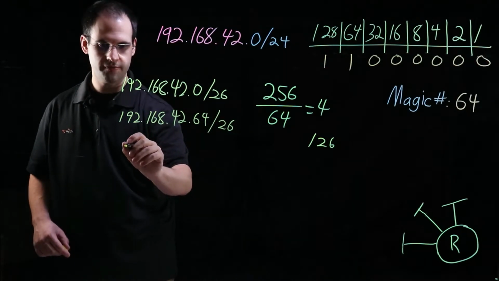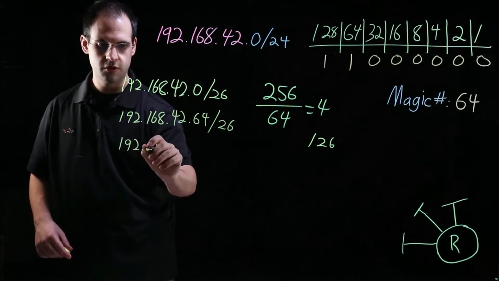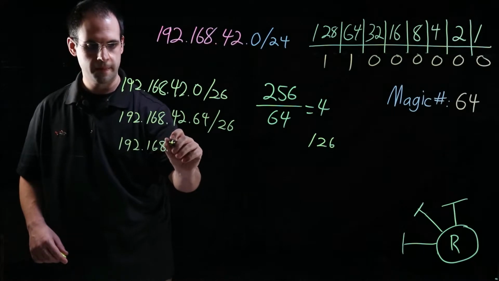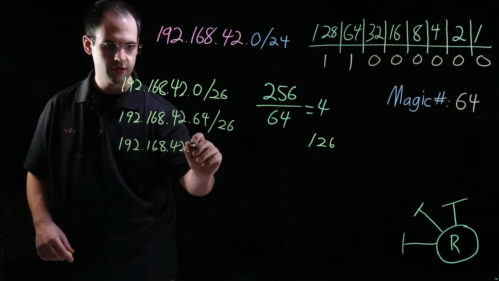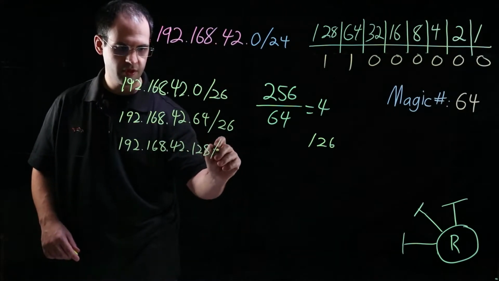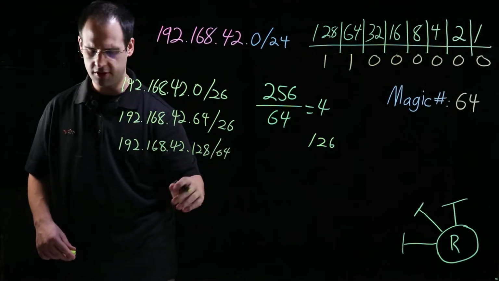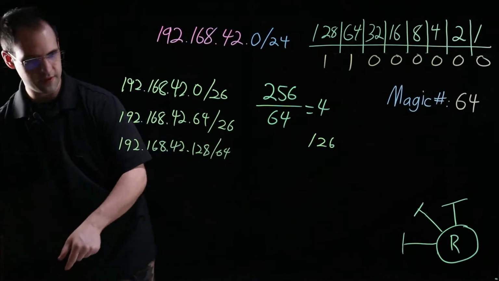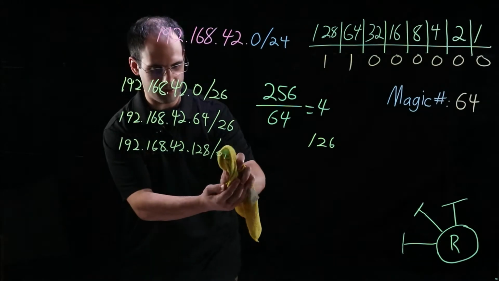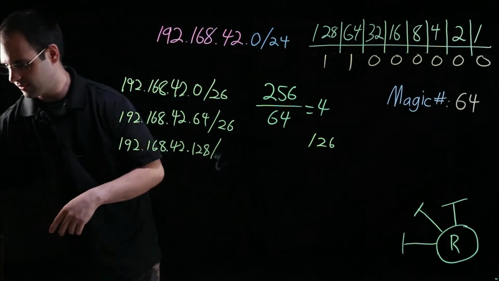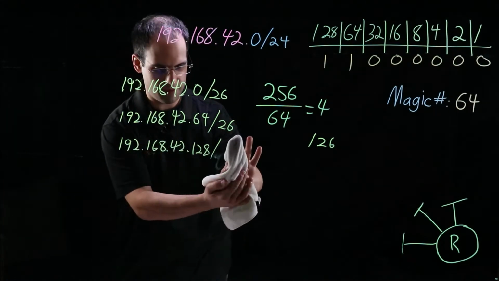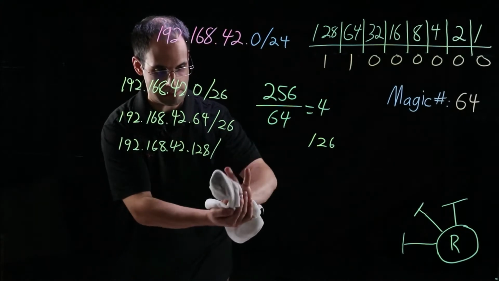And then we have 192.168.42.128/64. Oh, not /64, my bad. That's IPv6, getting a little ahead of myself. /26, my bad, guys.